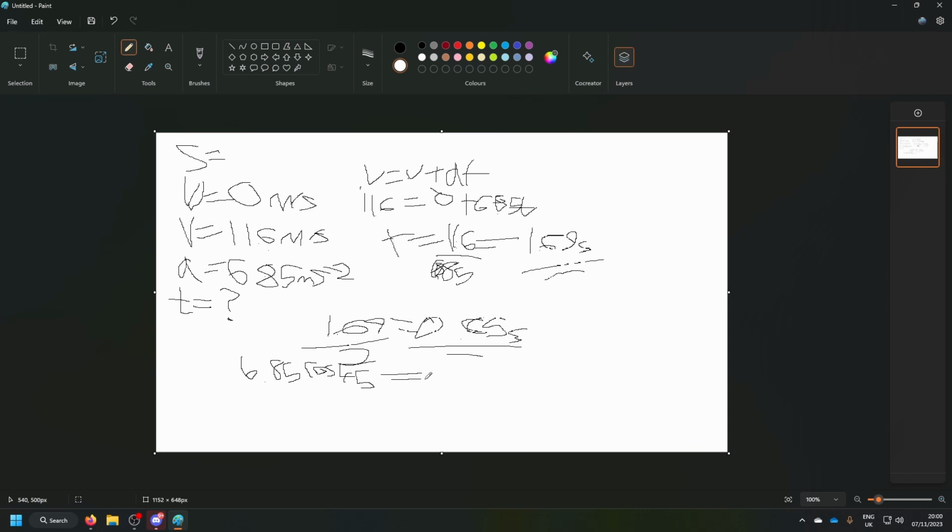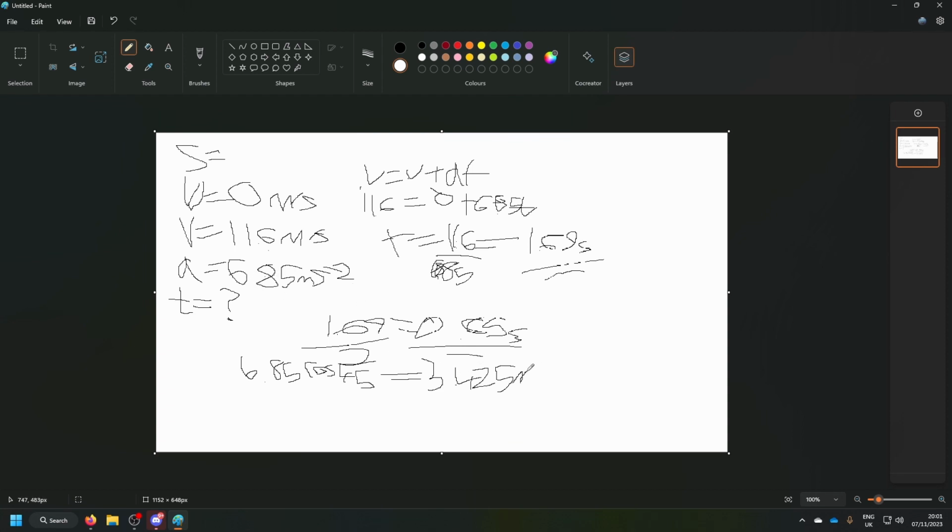That's half, 0.5 times 6.85, which is 3.425. When you think about it, because cos 45 is a half, that means our acceleration is halved.